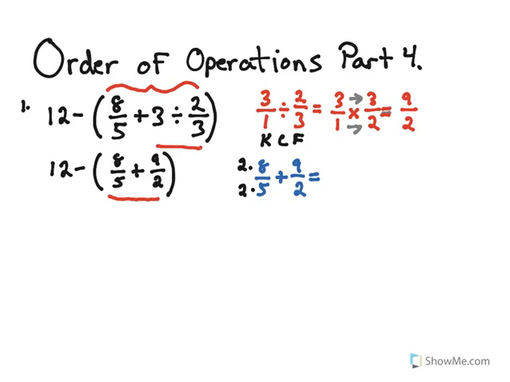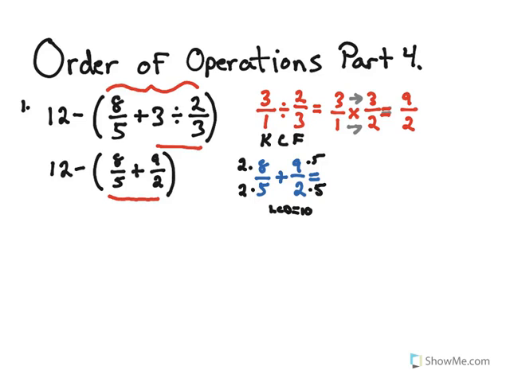We agree that the LCD is going to be 10. In order to make the 2 a 10, we multiply by 5. We ask ourselves, what do we have to multiply 2 by in order to get the LCD of 10? It'll be 5. But what you do to the bottom, you do to the top.